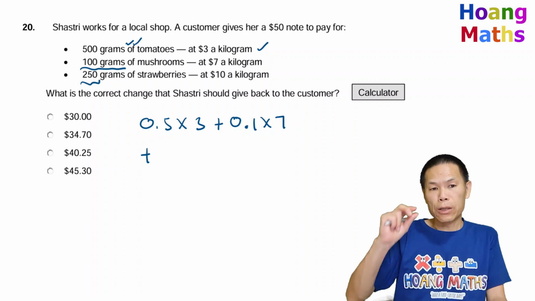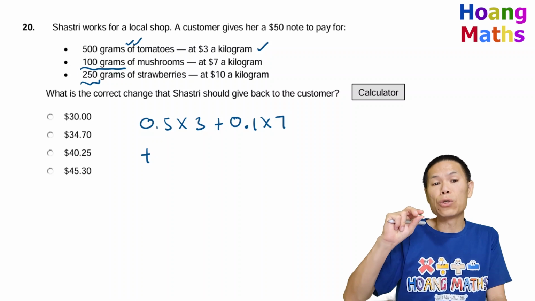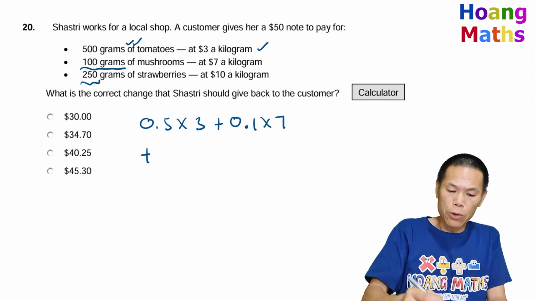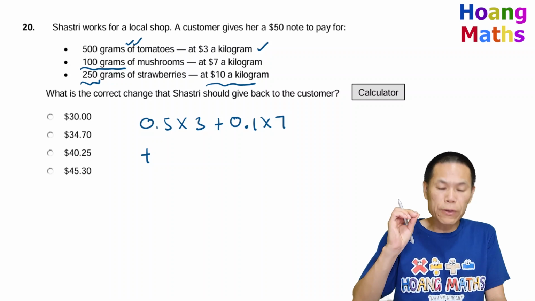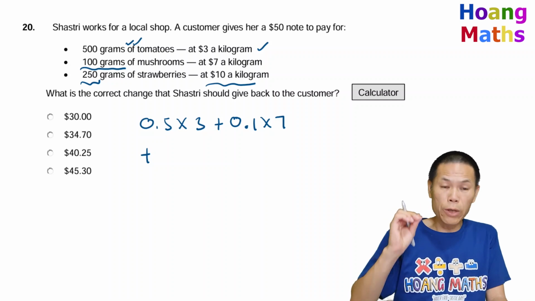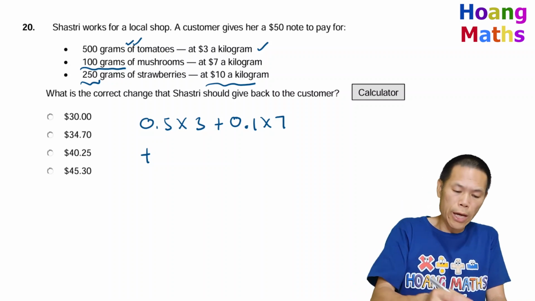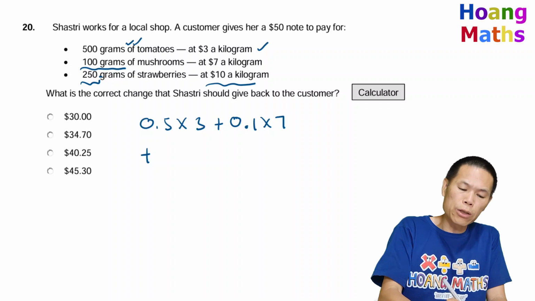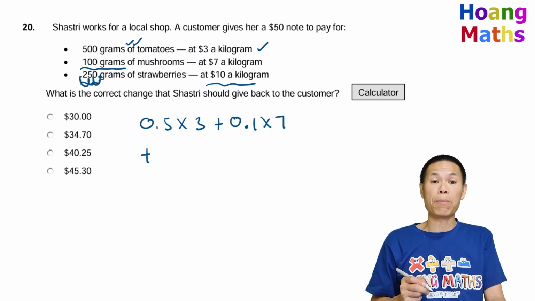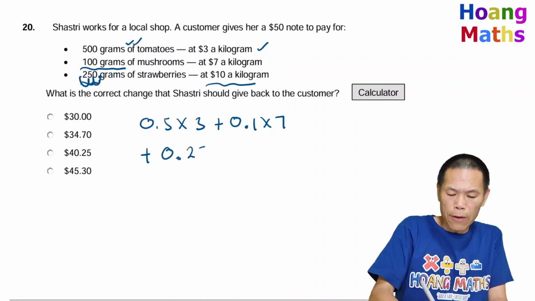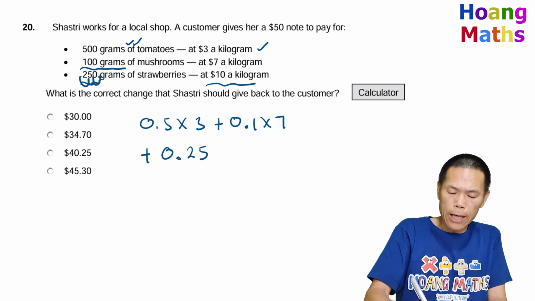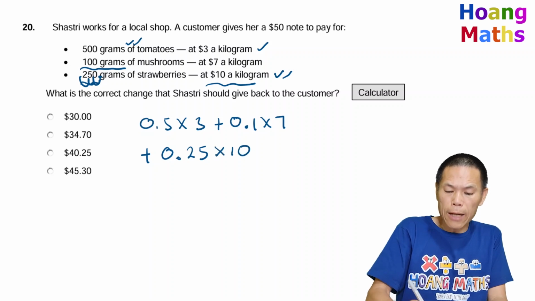250 grams, we divide by 1,000, because we need to convert to kilograms, because it's $10 per kilogram, don't forget. So 250 divided by 1,000. So if you use a calculator, otherwise do it in your head, you move the decimal point. Move 1, 2, 3, because we divided by 1,000. So 0.25 kilograms and $10 per kilogram, which is times 10.